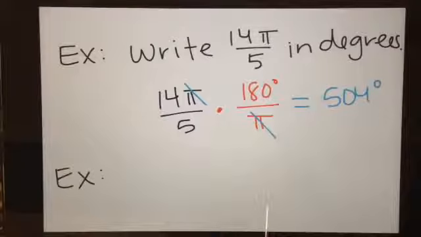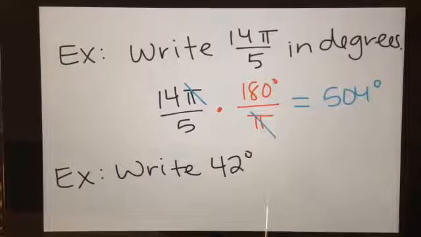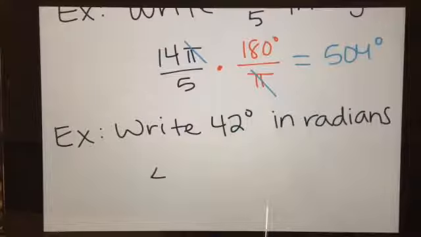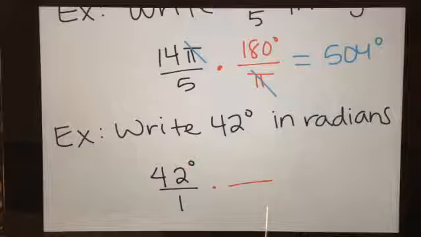Next example, we're going to write 42 degrees in radians. So in this problem, if I was to write this like a fraction, I can put it over 1. You don't really have to write it that way if you don't want to. And this time I want to choose the one that has the degree on the bottom so that my little degree symbol will cancel. That's my goal.